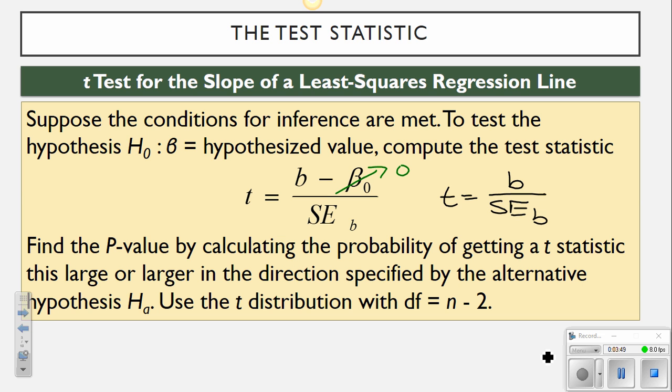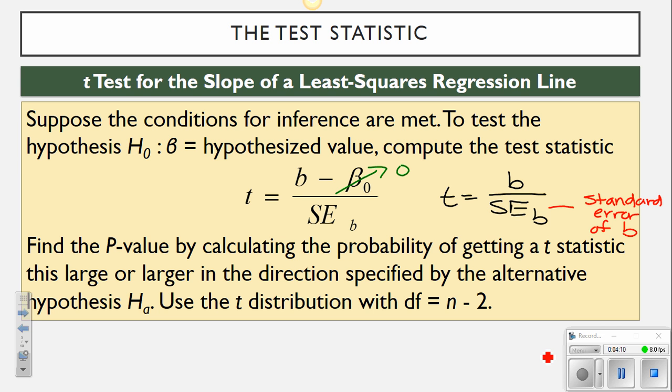Does anybody remember what SE sub b was from yesterday? What's it called? Standard error of the slope. Let's go ahead and write that again, since some of us seemed a little hesitant. This is the standard error of b.